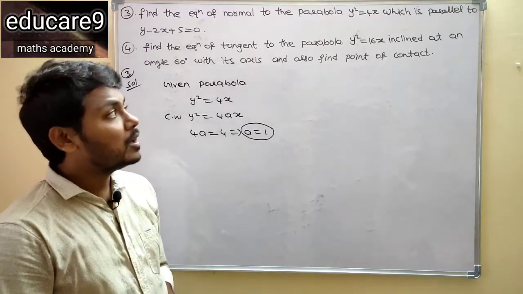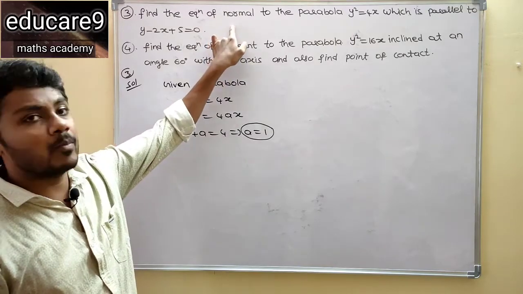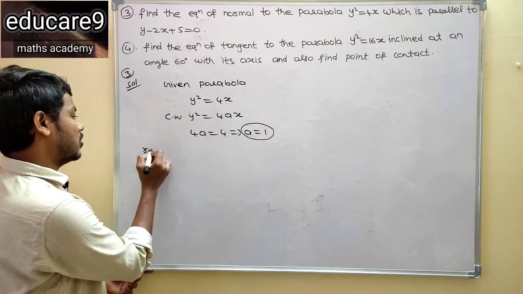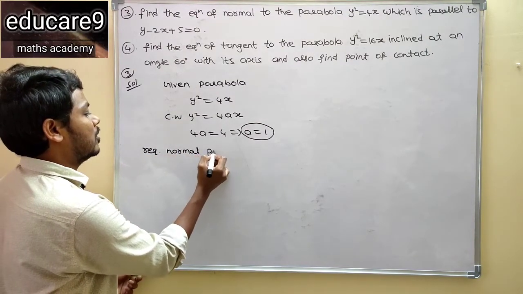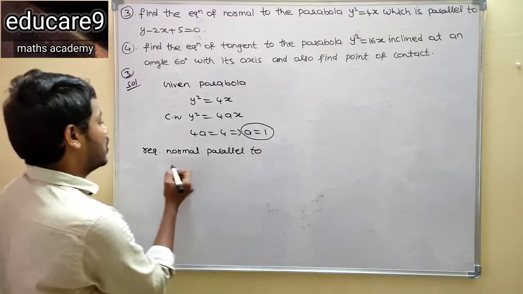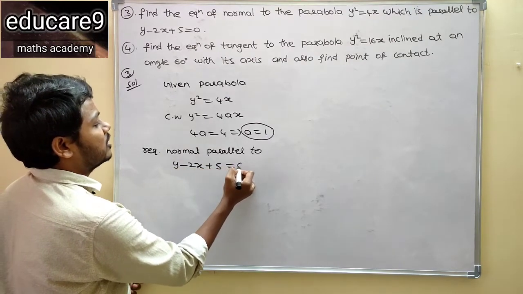Okay. Now, see here, the required normal is parallel to the line y minus 2x plus 5 is equal to 0.